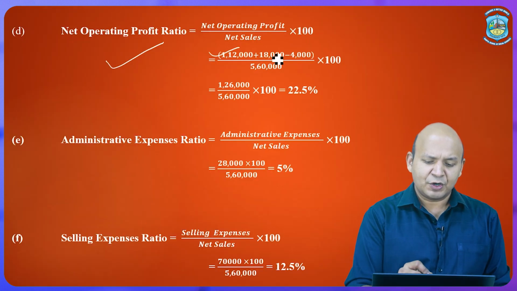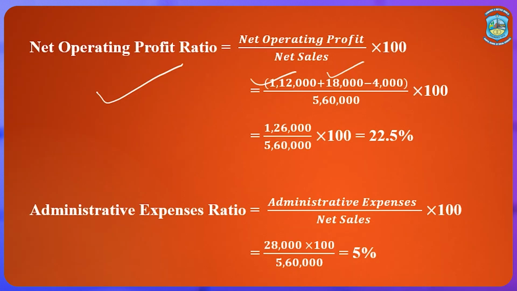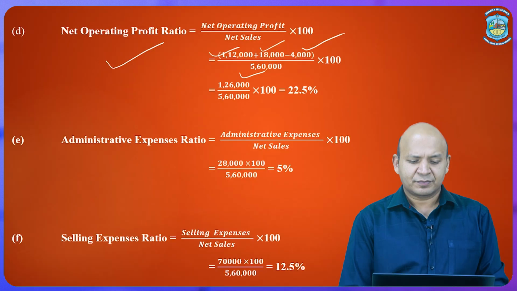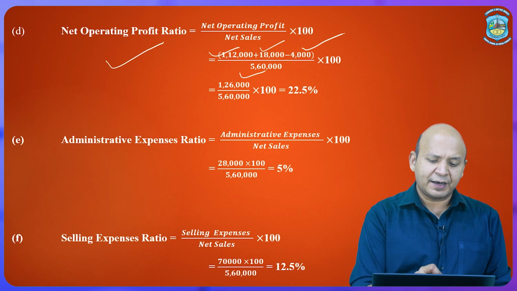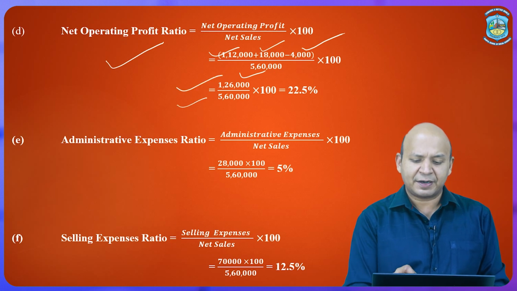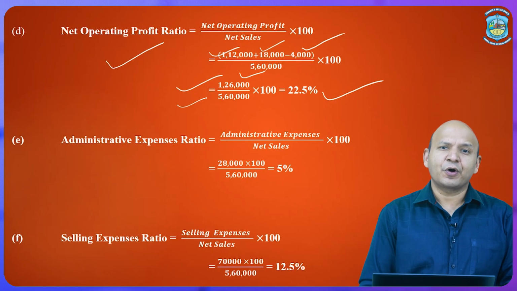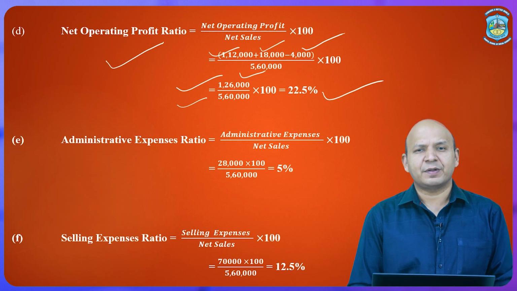We have added non-operating expenses, that is 18,000. We have deducted non-operating incomes, that is 4,000. Our denominator is net sales, that is 5,60,000. So, our fraction will be 1,26,000 divided by 5,60,000 multiplied by 100. So, net operating profit ratio is coming 22.5%.